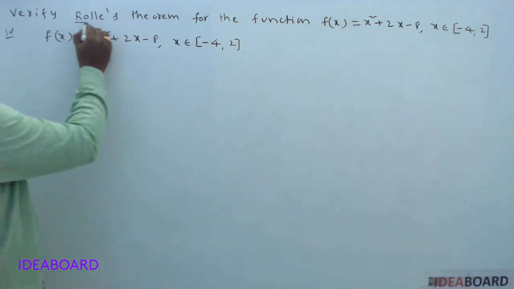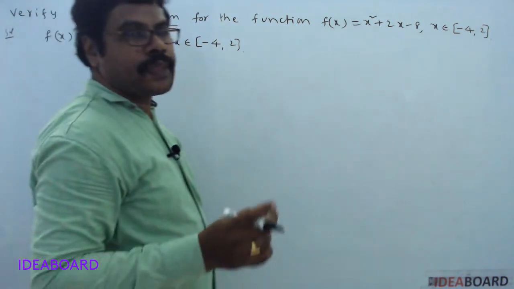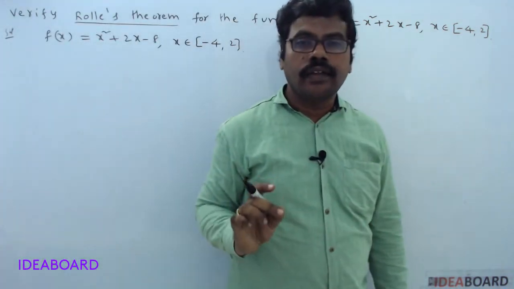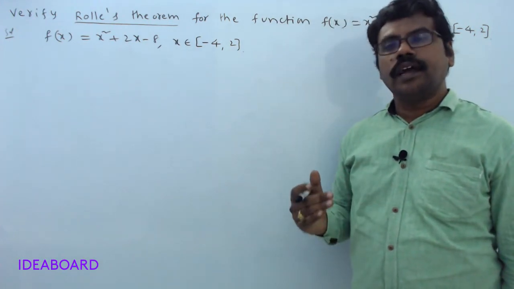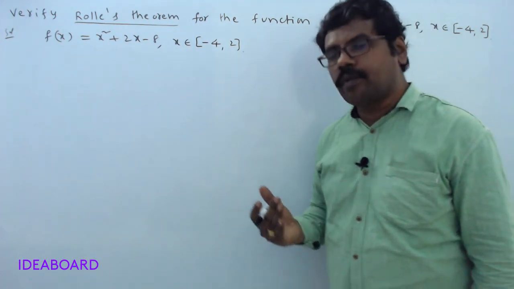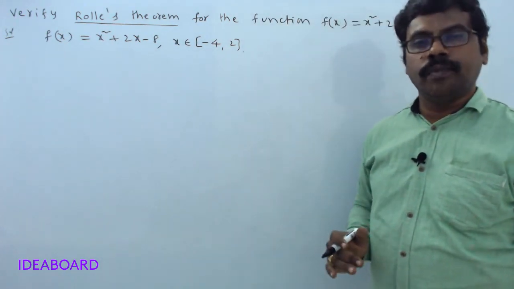Now here in Rolle's theorem, first you have to verify three conditions. Now what are those three conditions? f(x) is continuous in the closed interval [a, b]. f(x) is differentiable in the open interval (a, b). Then the third condition, f(a) equals f(b).